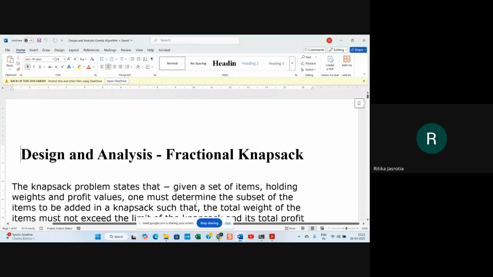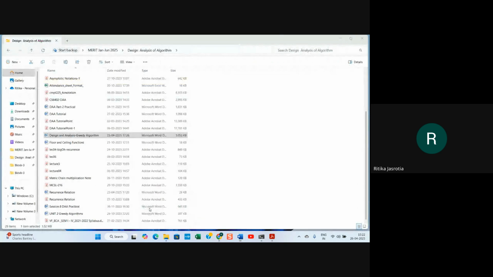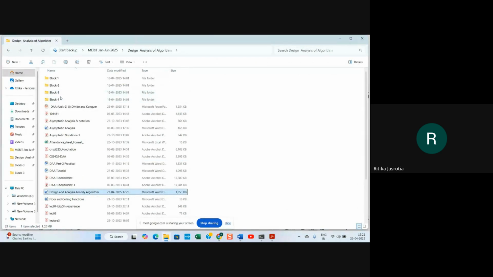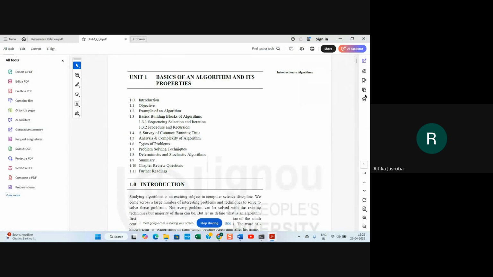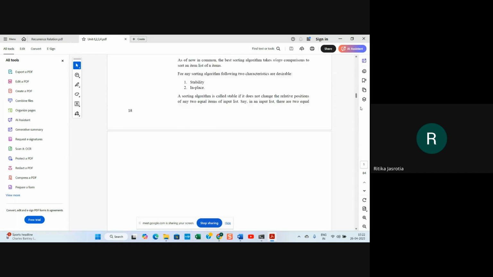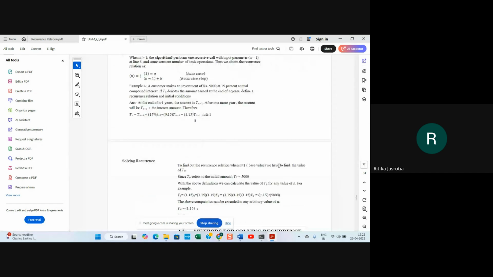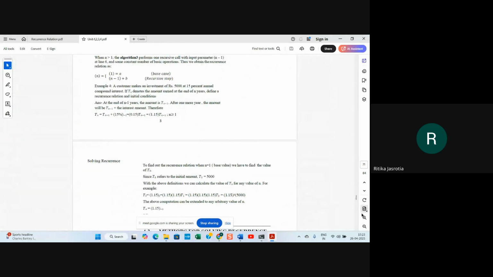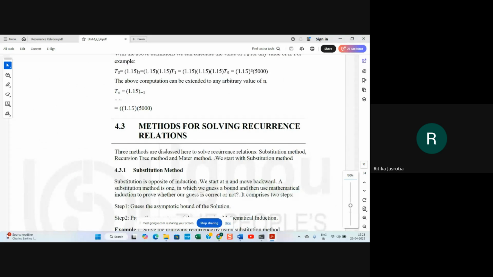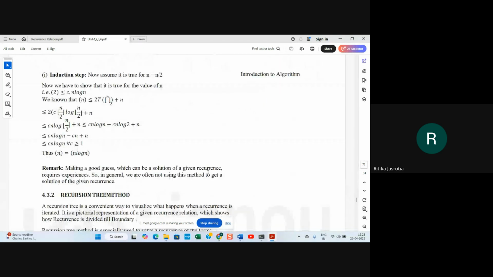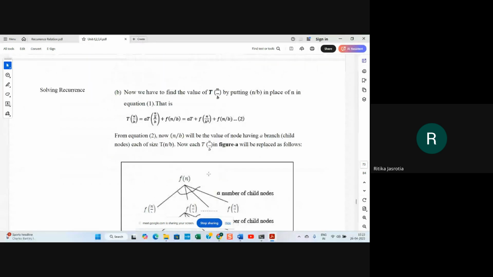Now you have to go to your block one, what we were talking about. So block one, unit 4 was recurrence relation. If we talk about this method of solving recurrence relation, this is what recurrence relation method they are talking about.